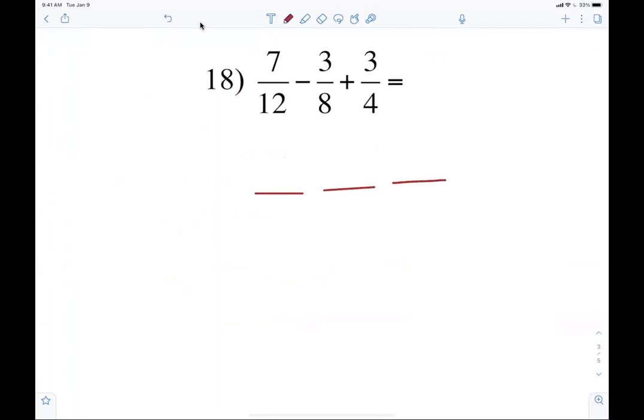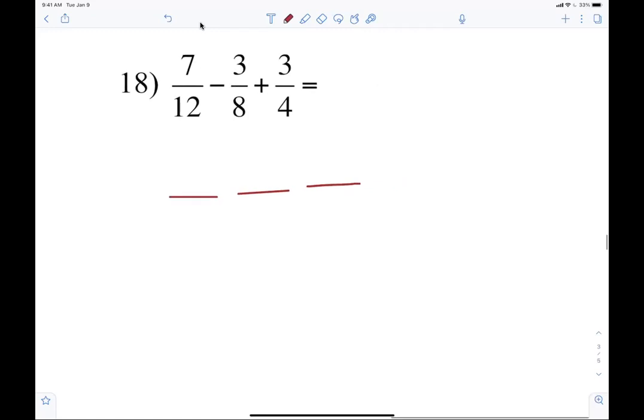No. So instead of 12, we're going to use what number? 12 times 2. 24. You see what I mean? Now, remember, I always took the largest one and did the multiples of the larger one. You see what I'm doing?